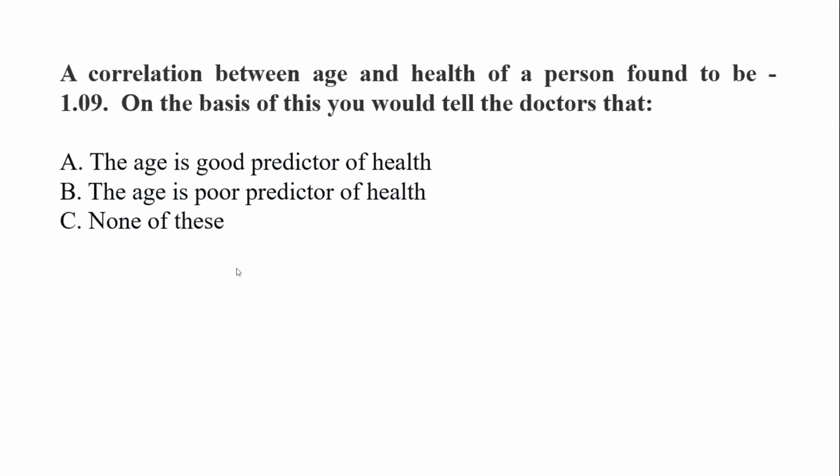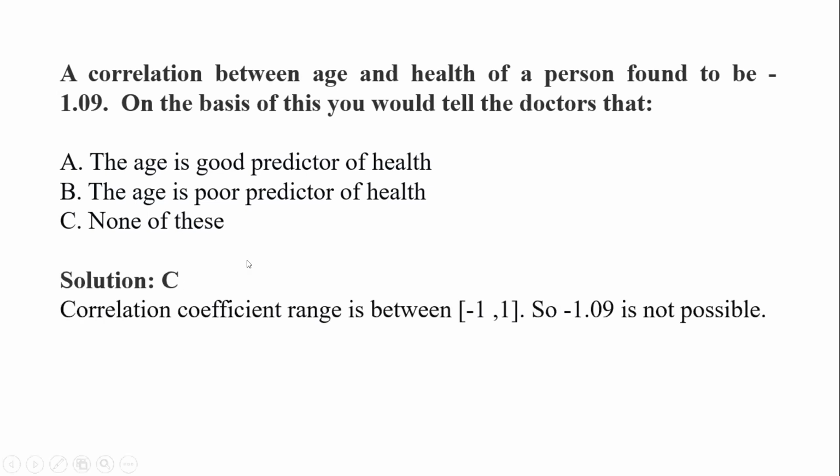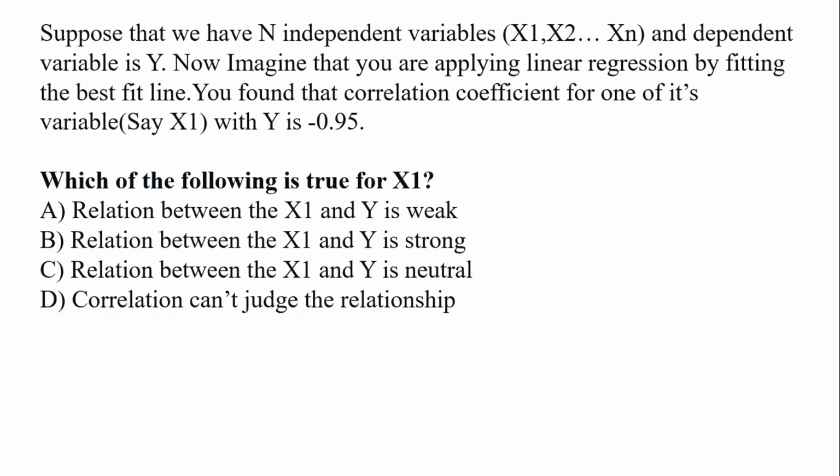Correct. The wrong answer for you online students because the range of correlation is between -1 to +1. तो 1.09 कैसे possible होगा? रेंज कंफर्मेशन है ना वो आपको. तो माइनस हटा दो, 1.09 कैसे आएगा?